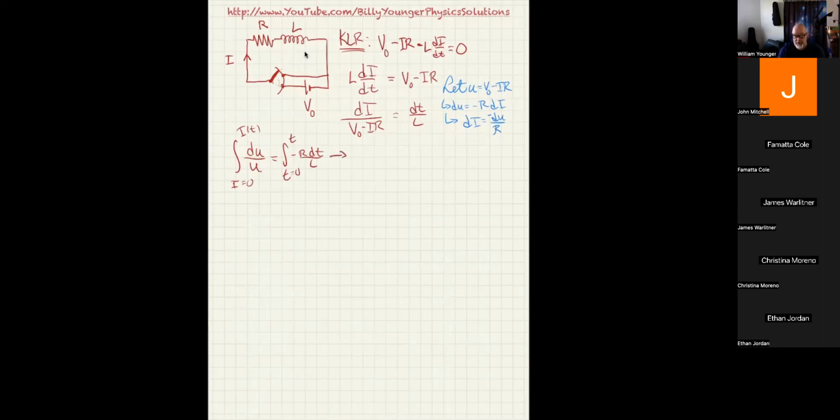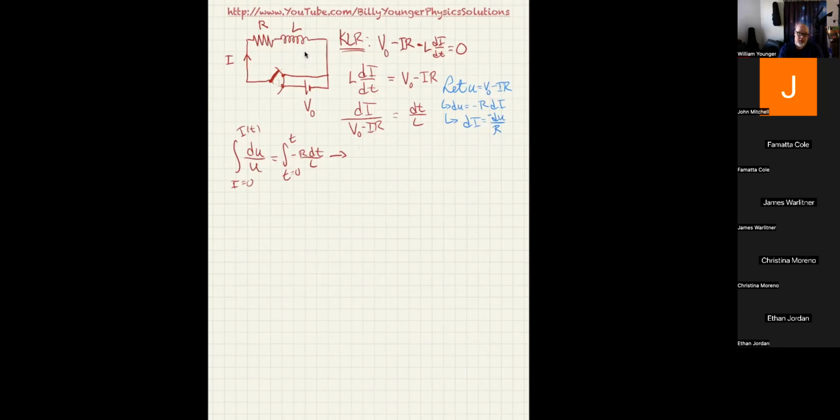So the integral of du over u, I think you all know, is just the natural log. And then it's going to be the natural log evaluated at I of t minus the natural log evaluated at I equals 0. Of course, that's with u, which is V0 minus IR. So when I evaluate the natural log at I of t, that becomes the natural log of V0 minus R times I of t.